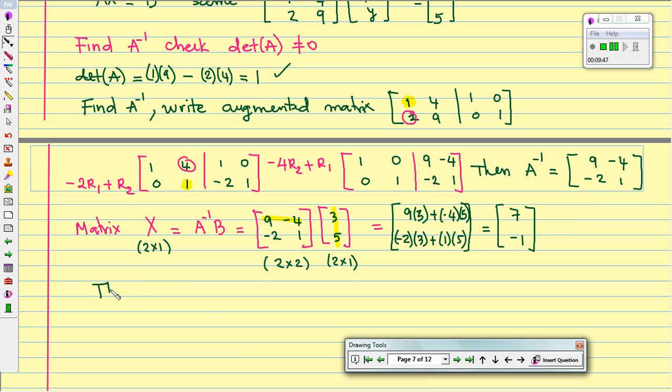So therefore we can conclude that the solution to the linear system is the pair x, y, where x is 7 and y is -1.